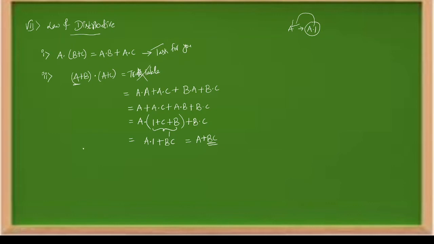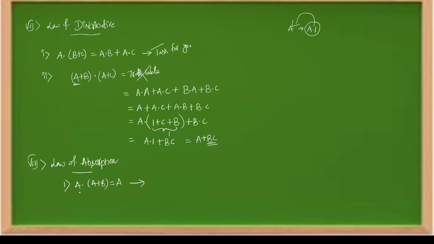Similarly, another law is the law of absorption. Under this, you have one law, which is A and (A or B) is equal to A. I can prove this without a tabular column, or you can also do it.